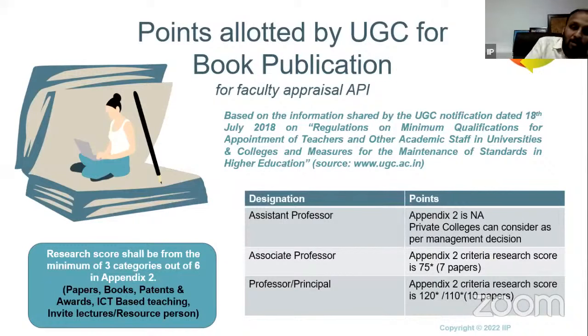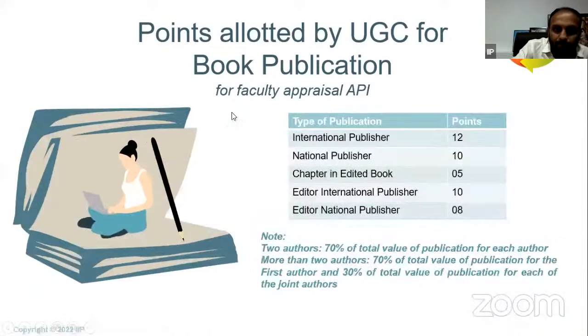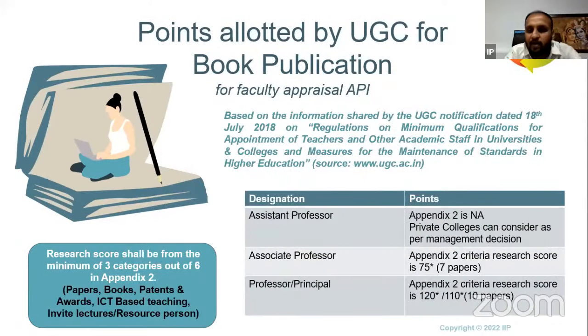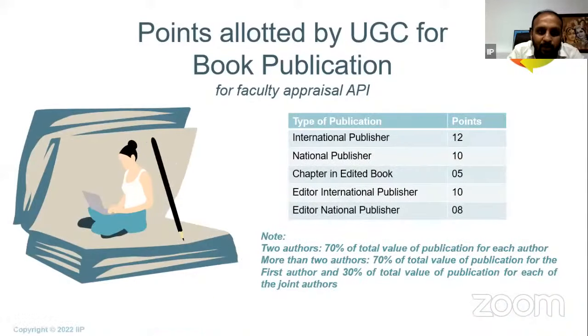So now our question is, how many points will be allocated per book publication. I said 75 points for the associate professor and 120 points for the professor or principal post.